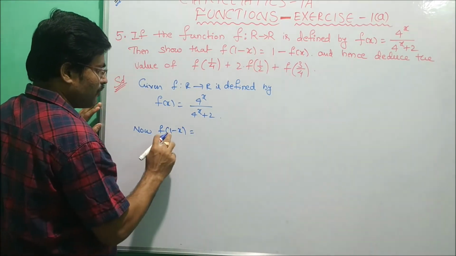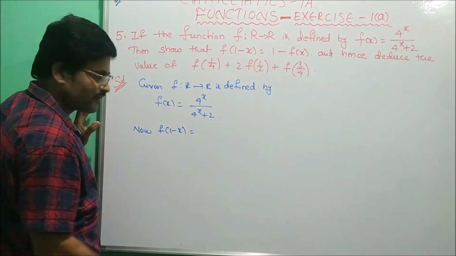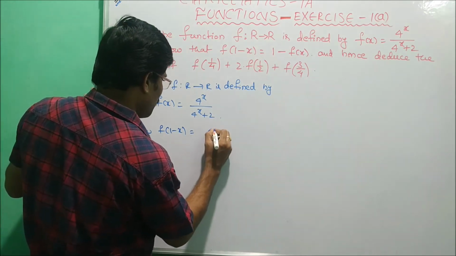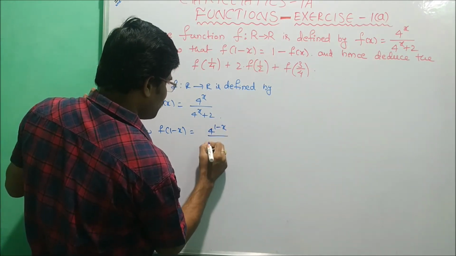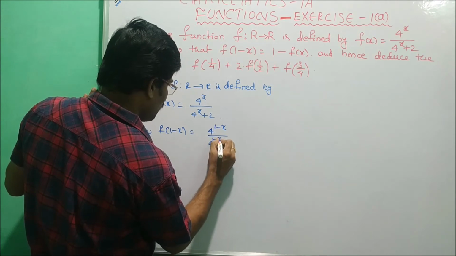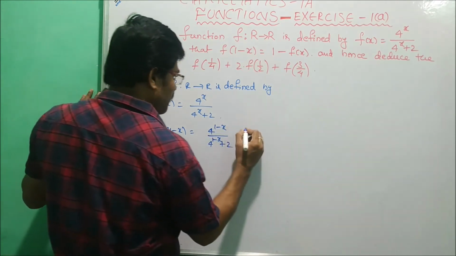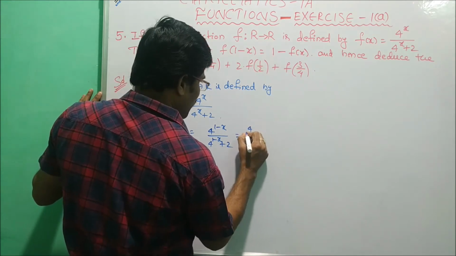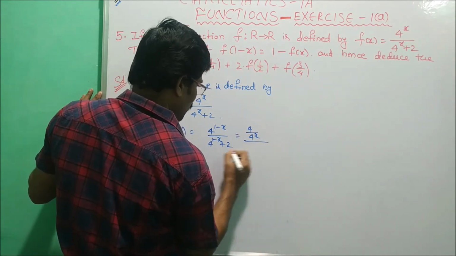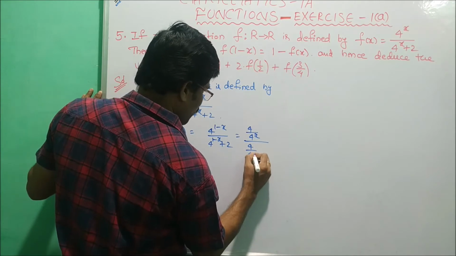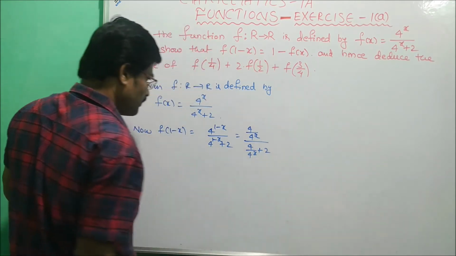That means 4^(1 minus x) by 4^(1 minus x) plus 2. Now it can be simplified to 4 by 4^x whole by 4 by 4^x plus 2.